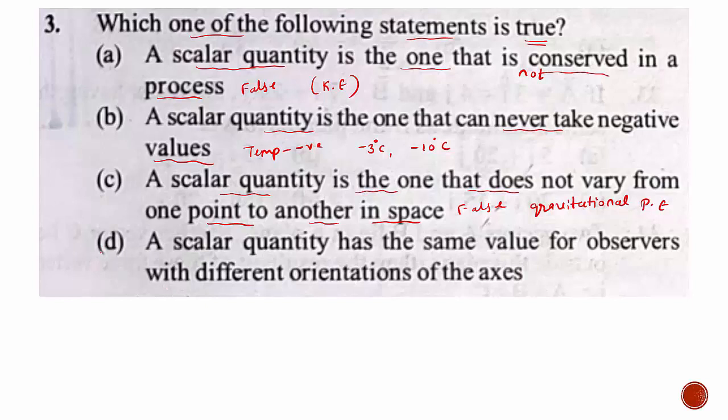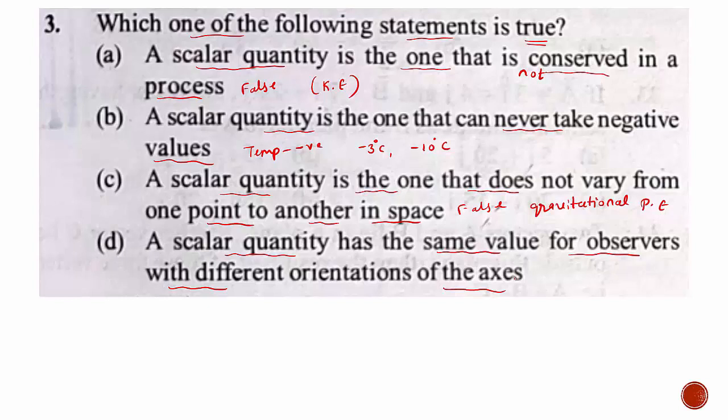Then the last option remains. Obviously this should be true, but we can observe the statement. A scalar quantity has the same value for observers with different orientations of the axis. This statement is true because the value of a scalar does not change with orientation of the axis.